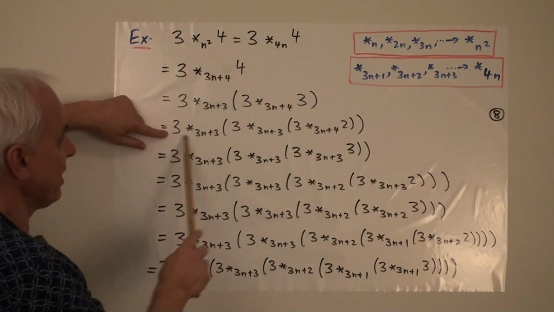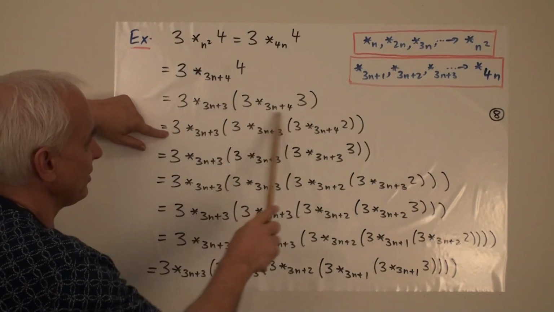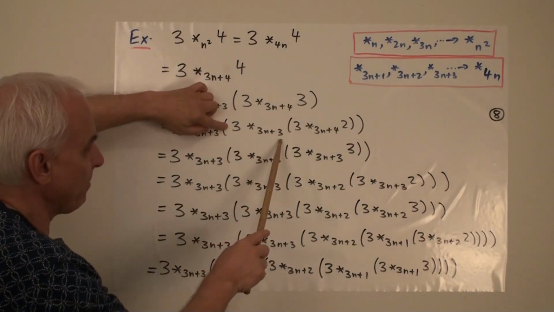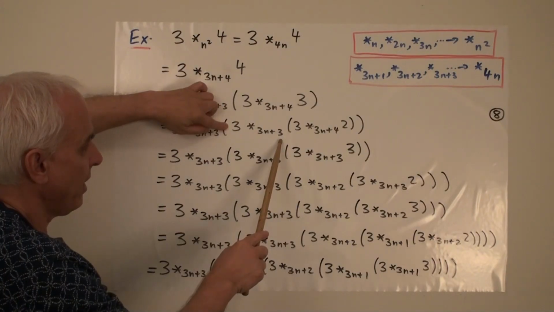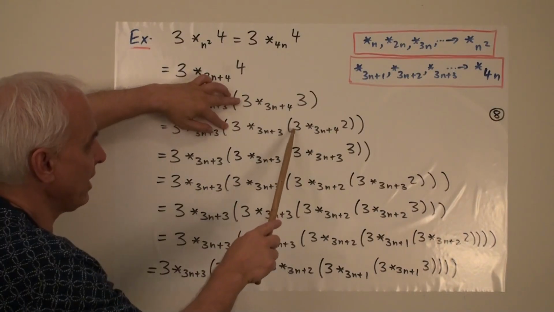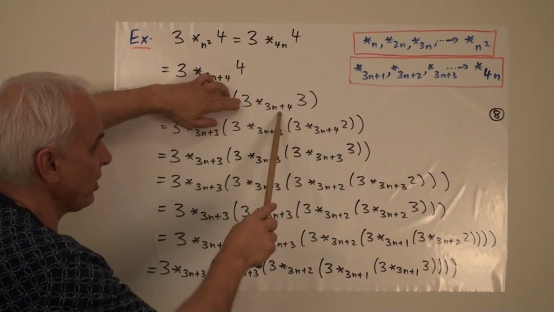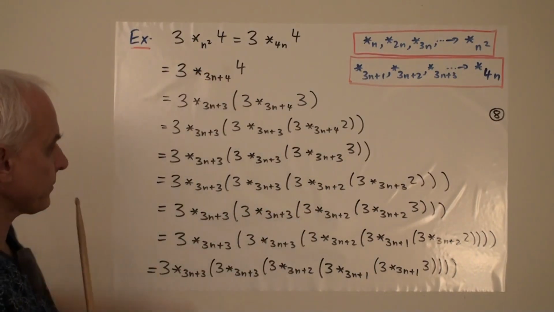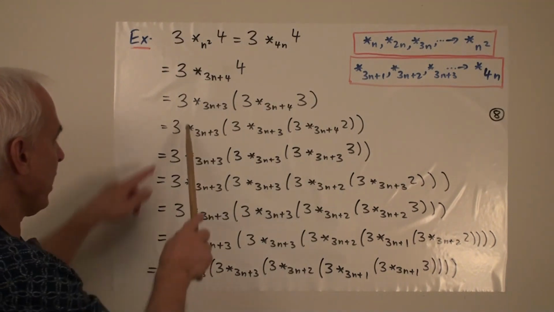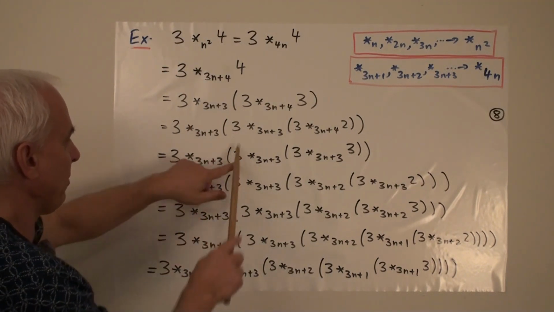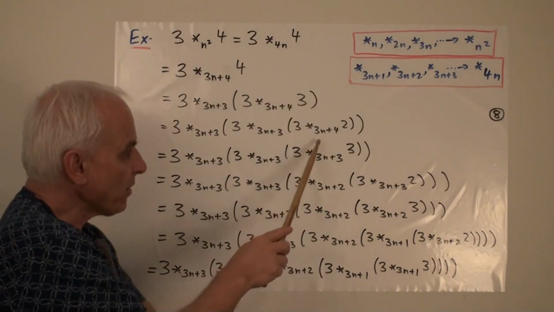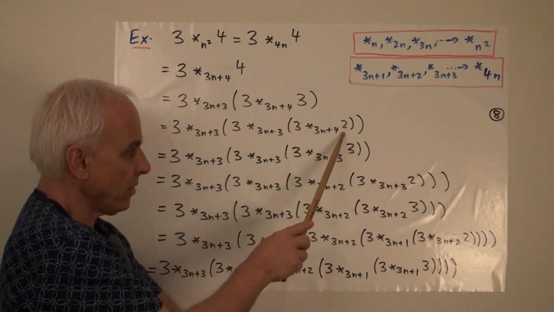Now at the next step, we're going to replace this thing here with something. So the 3 star 3n plus 4 becomes 3 star 3n plus 3. And then we get times 3 star 3n plus 4, the same one here, times 2, one less than that. We're just repeating this thing here. What about this thing here? So 3 star 3n plus 4, 2.